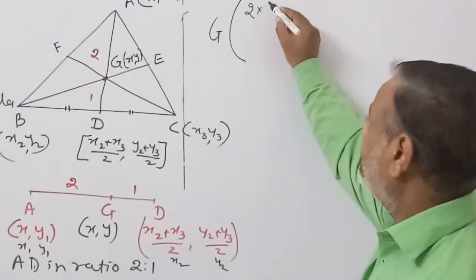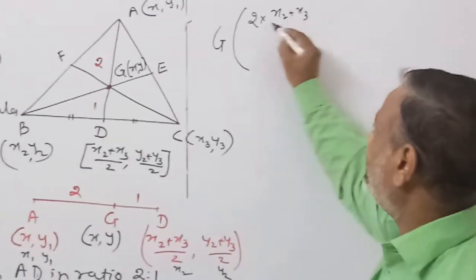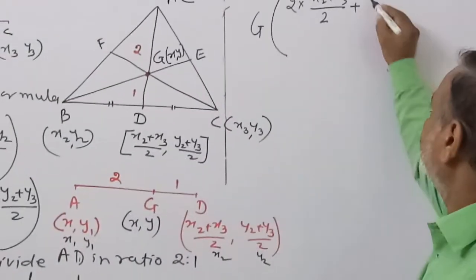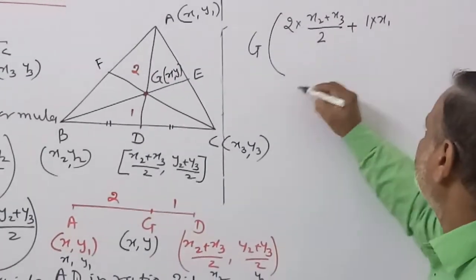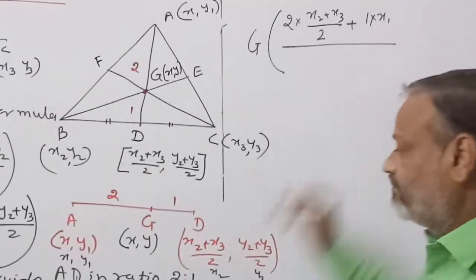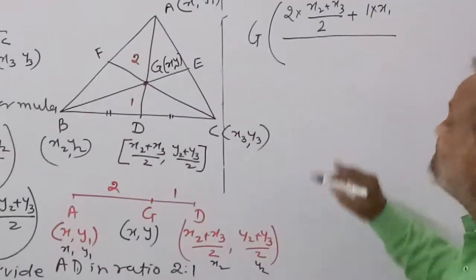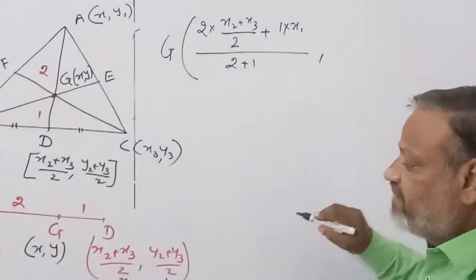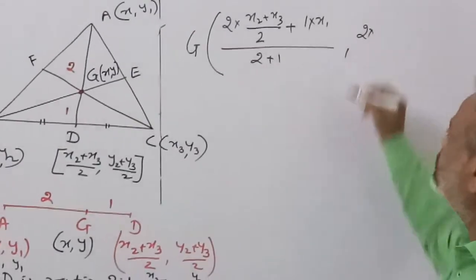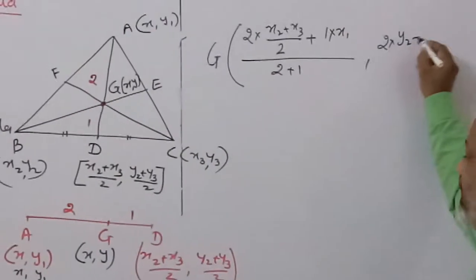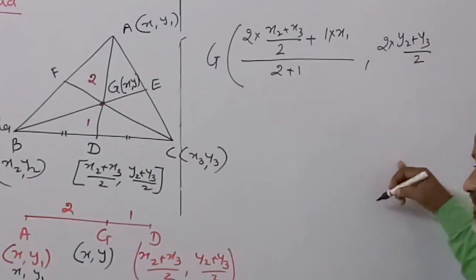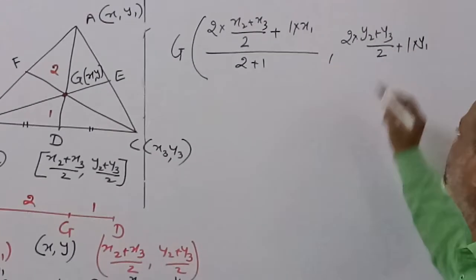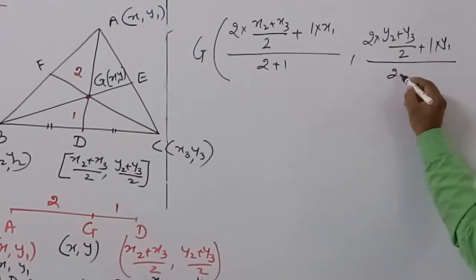D का क्या है कोऑर्डिनेट, x2 plus x3 upon 2, plus of m2 x1, m2 means 1 into x1, means x1, okay, upon m1 plus m2, that is 2 plus 1, comma, y कोऑर्डिनेट के लिए m1 y2, m1 है आपका 2 into y2, means what, y2 plus y3 upon 2, okay, plus of m2 into y1, got it, m2 y1 upon 2 plus 1.